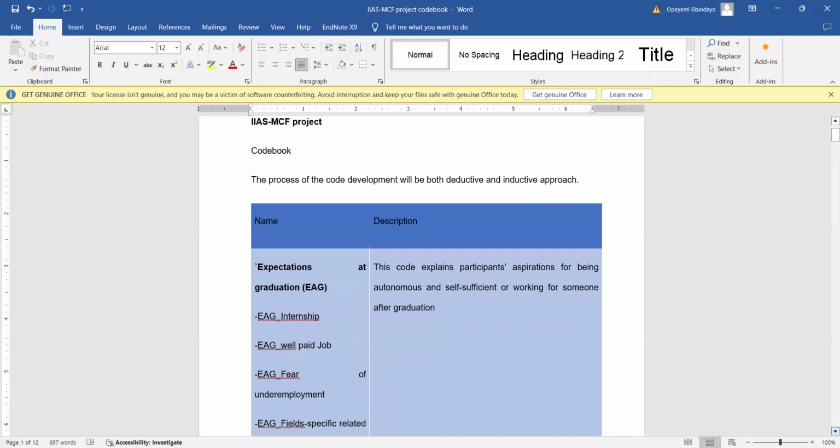Then we decided as a team to use both the deductive and inductive approach.